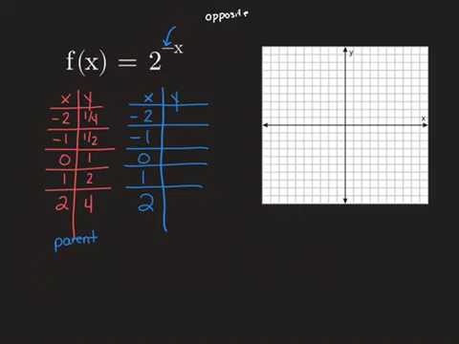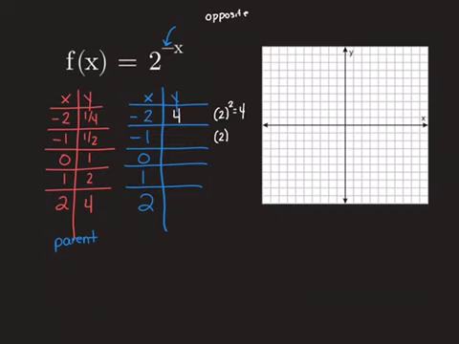So when I'm plugging in my exponent, I'm going to use the opposite of whatever x is. So I'm going to have my base of 2, but I'm going to plug in for the exponent the opposite of negative 2, which is positive 2, so that's 4. So in my new function, when x is negative 2, y is 4. Same thing with the next one. I have my base of 2.